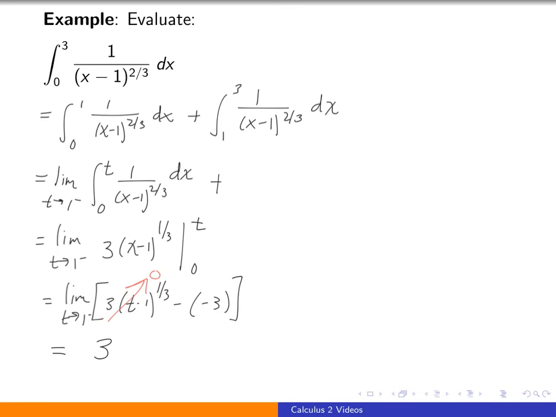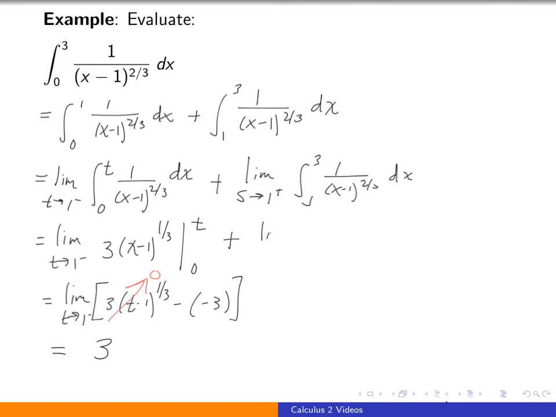The infinite discontinuity is at 1, so we'll say the limit as, now we'll call it s, approaches 1 from the right, of the integral from s to 3 of 1 over x minus 1 to the 2/3. And recall that there's nothing special about using s or t. We just as easily could have used a, b, or any other letter or symbol that we prefer.